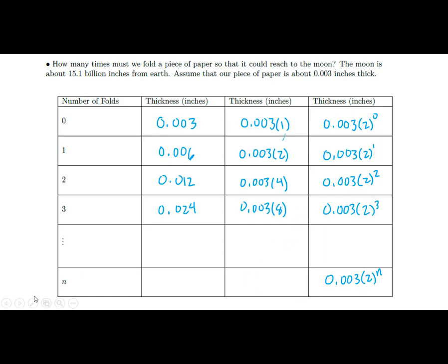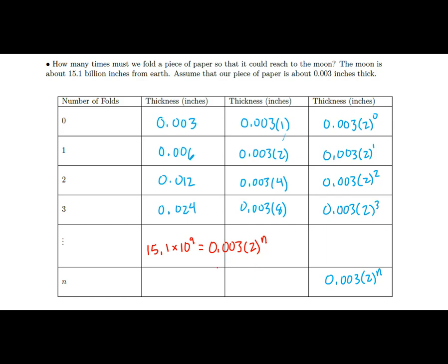And so to answer this question that they've asked, which is how many times must I fold a piece of paper in order to reach to the moon, all I have to do is set up this equation, 15.1 billion, so that would be 10 to the 9th power. When does that equal 0.003 times 2 to the n?